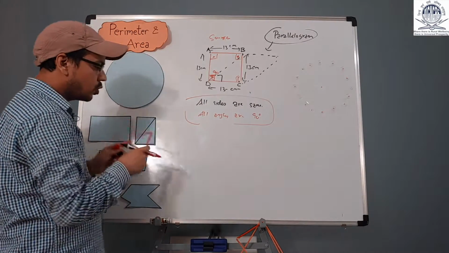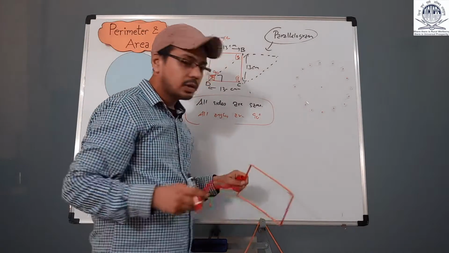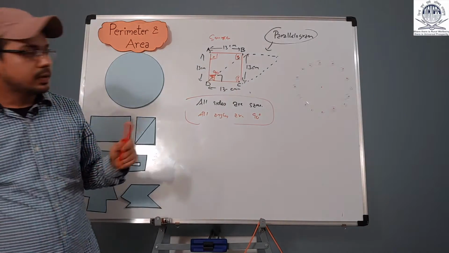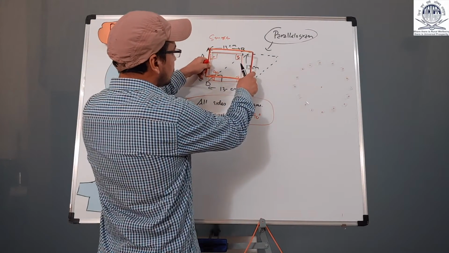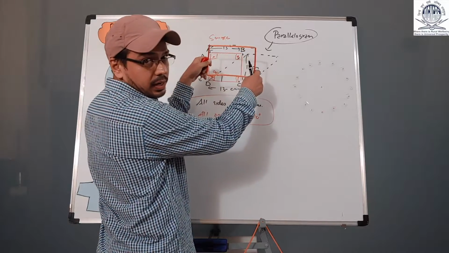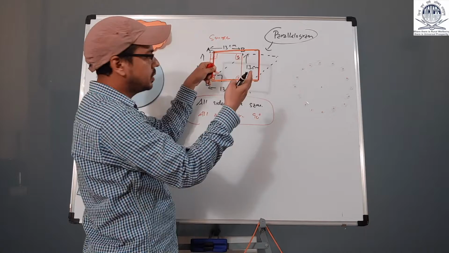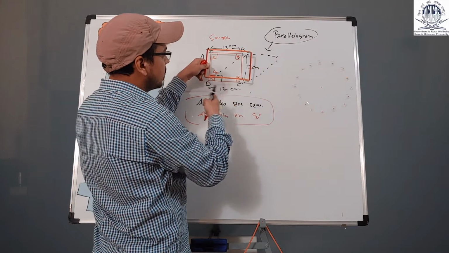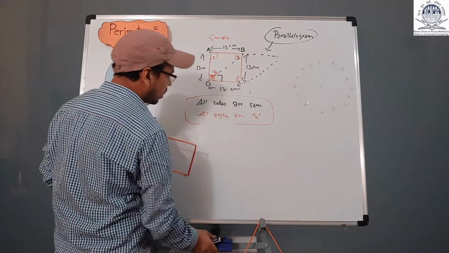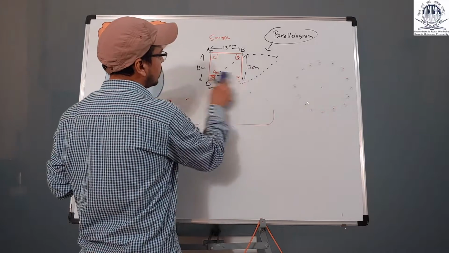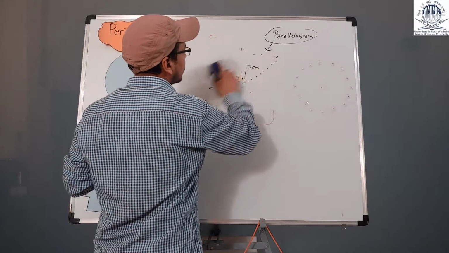Now if I go to my younger brother of the same family, that's more like a rectangle. Actually you can say both are brothers of the same age. So what are the conditions for a rectangle?